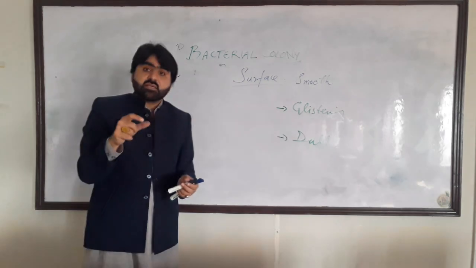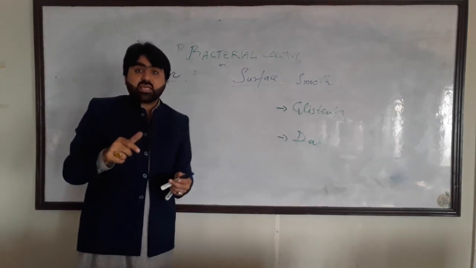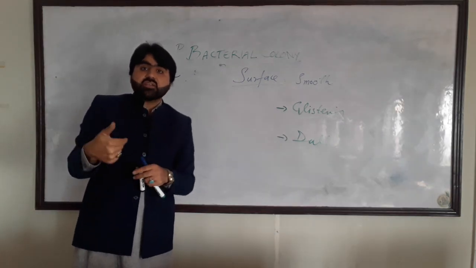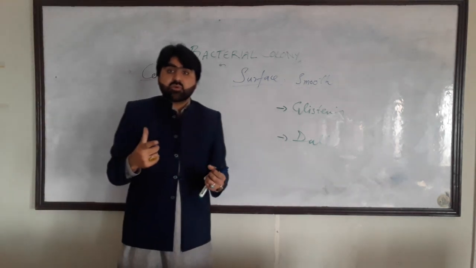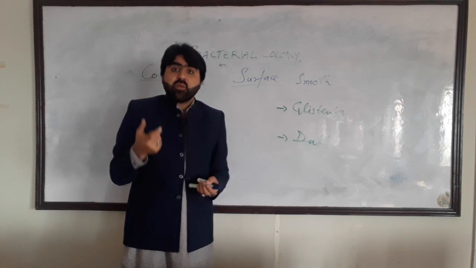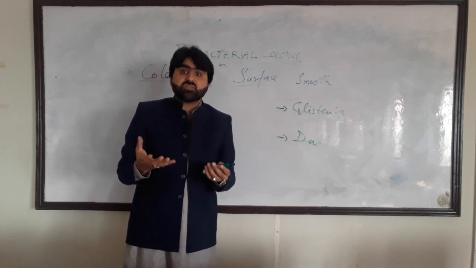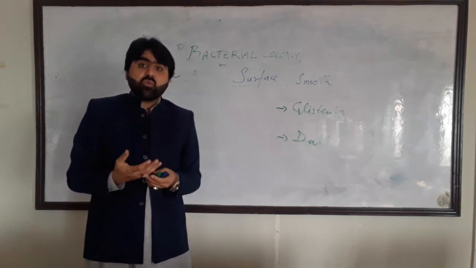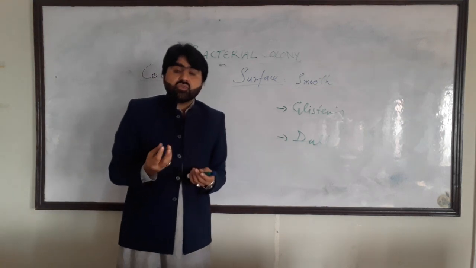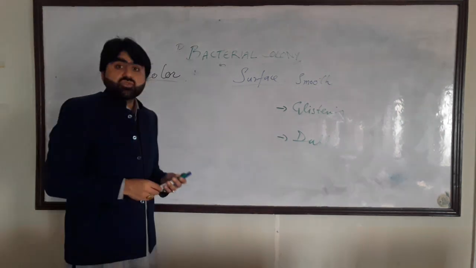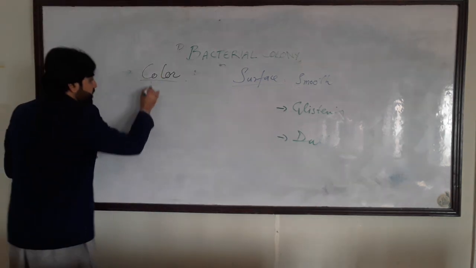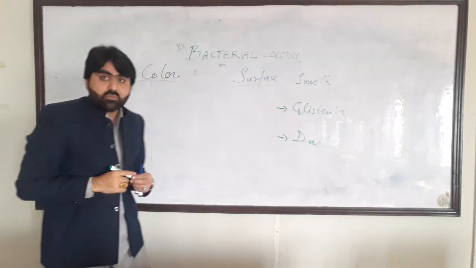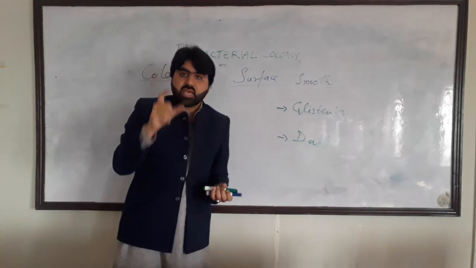In some cases the color of the colony is very characteristic for the identification of a bacteria, like in the case of Pseudomonas. Pseudomonas produces pyoverdine and pyocyanin. Because of the presence of pyocyanin and pyoverdine, the color of the colony is usually green, bluish green or green on the surface of the plate. So the color of the colony is also very important in some cases.